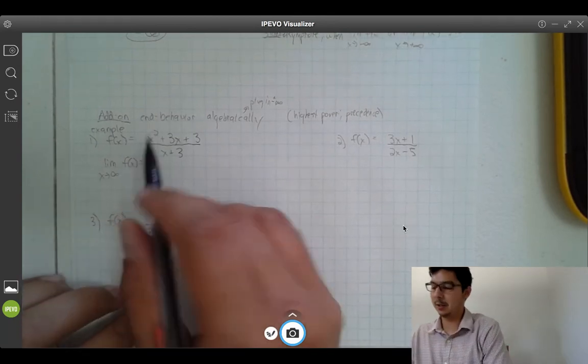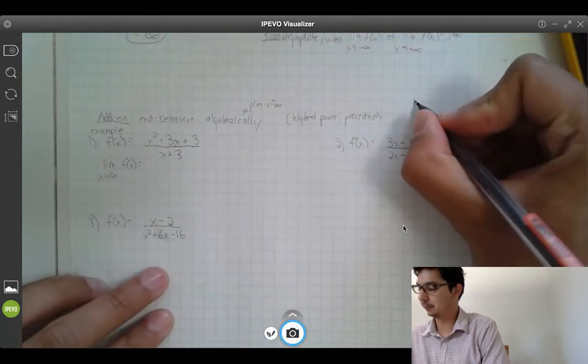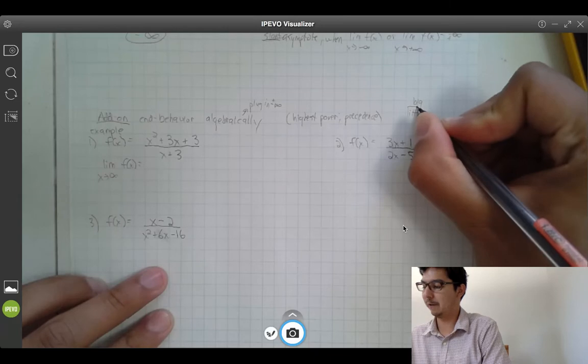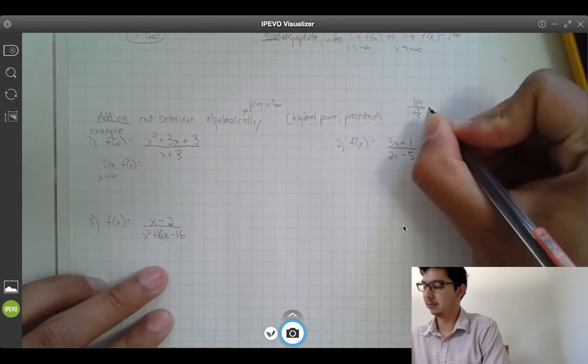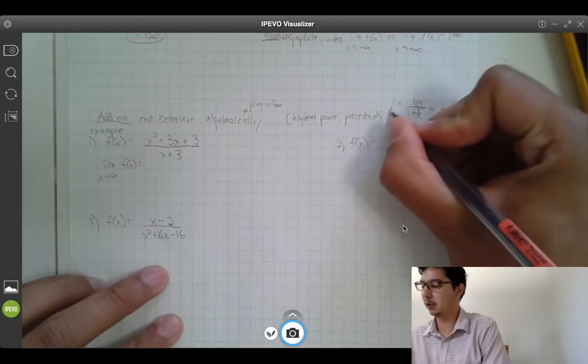So this is sometimes referred to as big over little, when you have the limit as x approaches infinity.